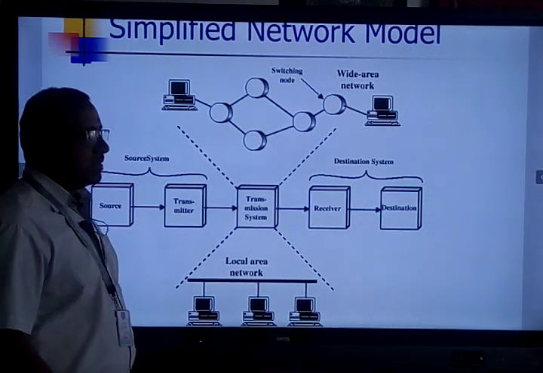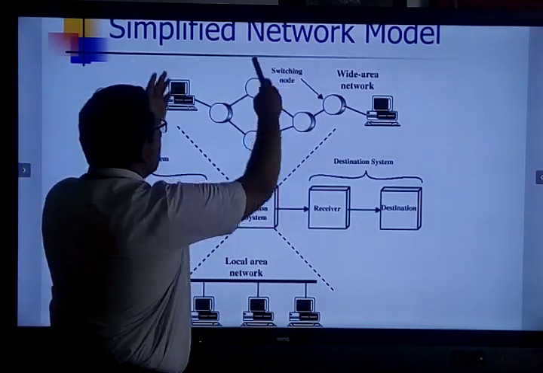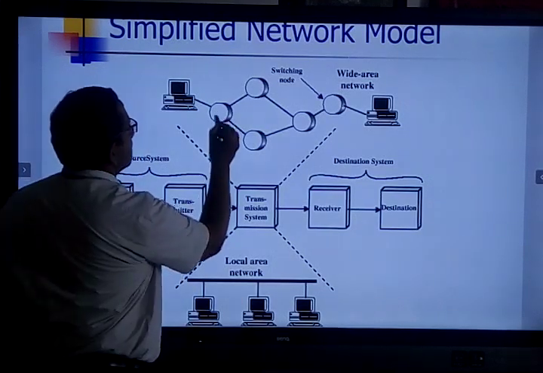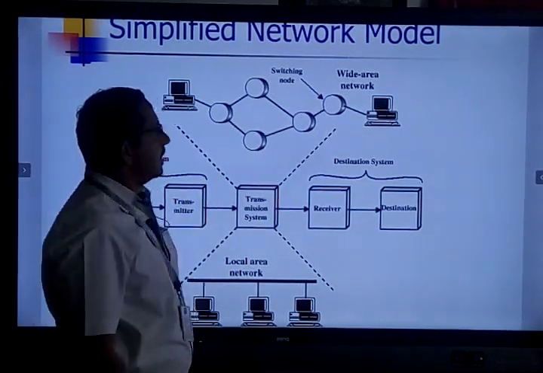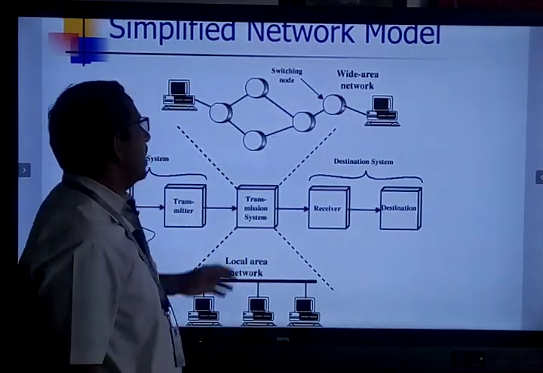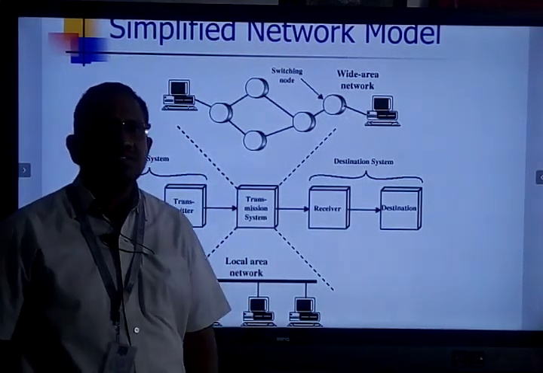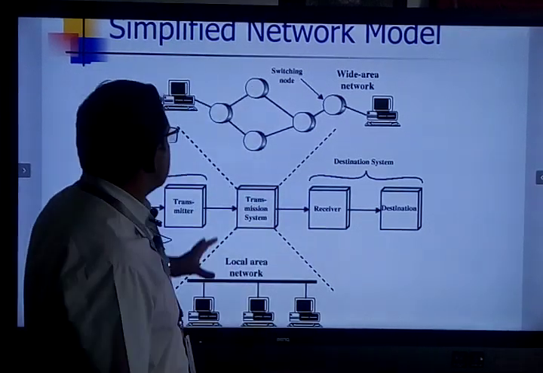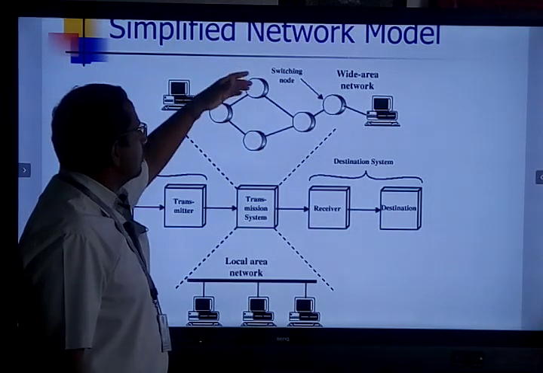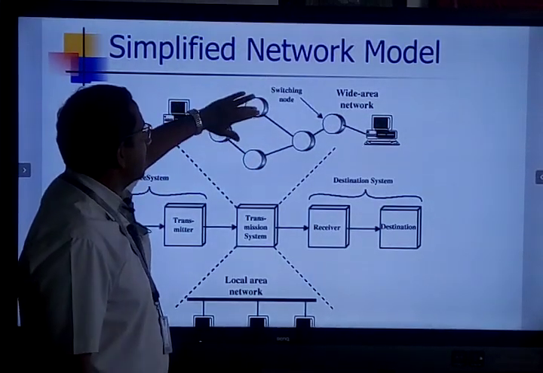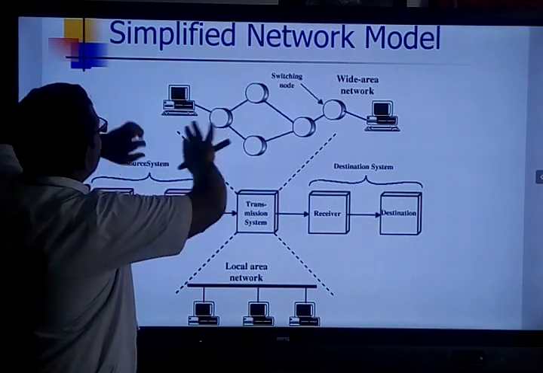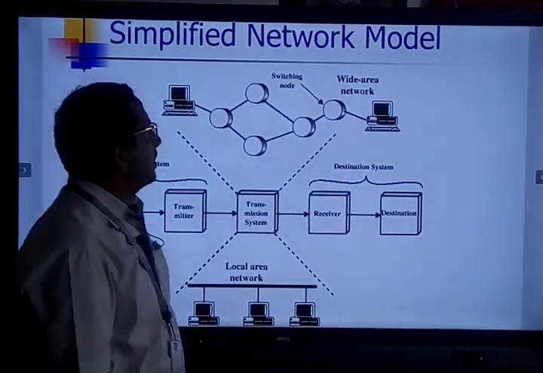Imagine a local area network connected to wide area network connections, where all these circles are known as switching nodes. They can be called routers, bridges or repeaters. We normally use a combination of various routers, and to each router we connect many other computers. So we get a wide picture of the simplified network model.